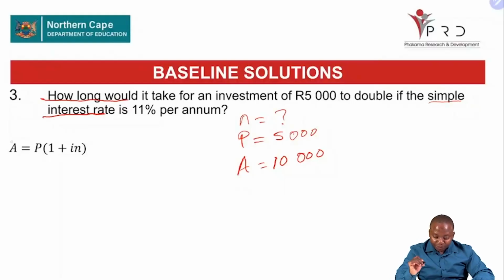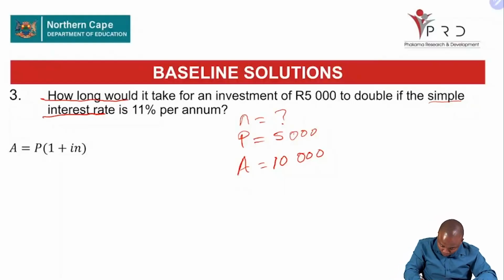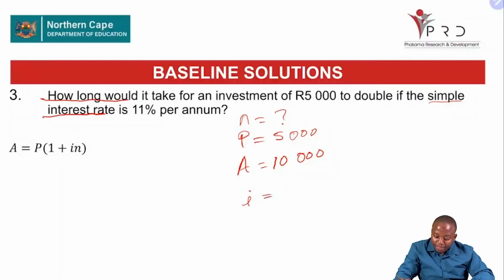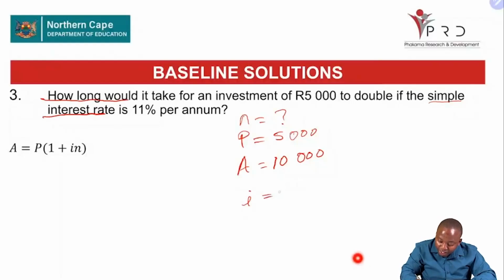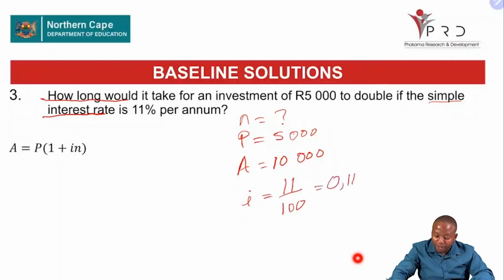From the rate, we now find our i. Remember, i is the rate over 100. The rate is 11 over 100, so our i will be 0,11.